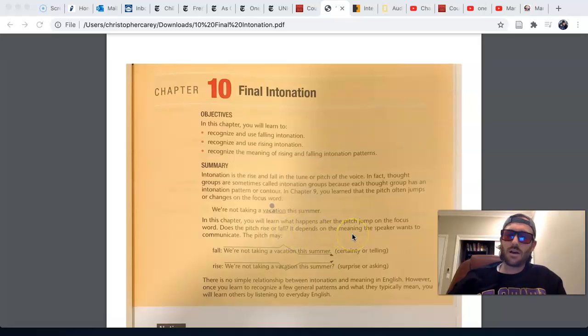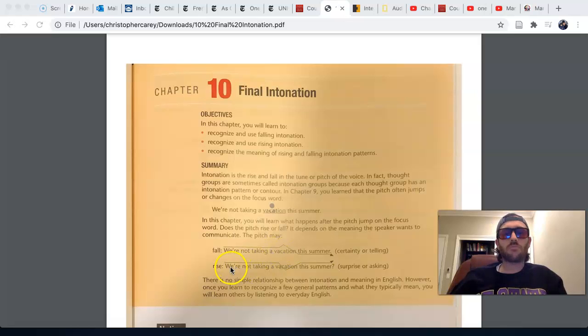And the meaning of that falling intonation that the speaker wants to communicate is that this is a certainty. This person is telling someone, right, what will happen or what they believe will happen. We're not taking a vacation this summer. It's just a statement, right?